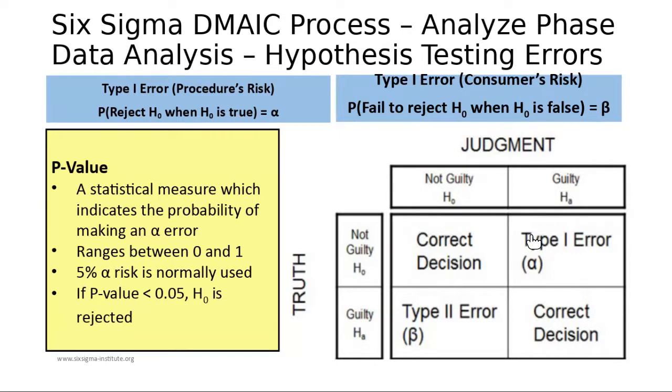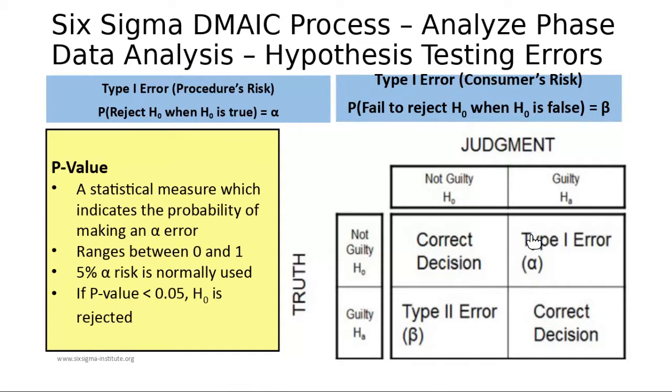For the type 2 error, the truth is that the alternative hypothesis is correct, and you judge for the process that the H naught is the correct one.